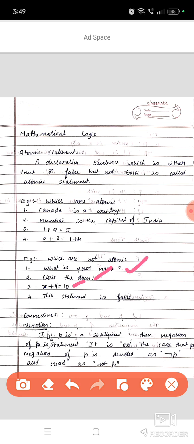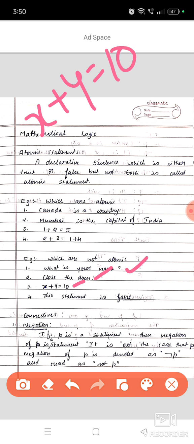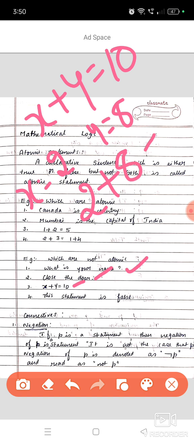Next, x plus y is equal to 10. When x equals 2 and y equals 8, this statement is true, because 2 plus 8 is equal to 10.